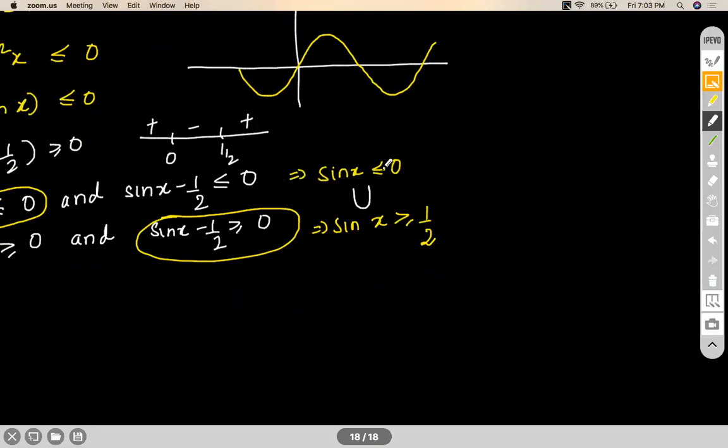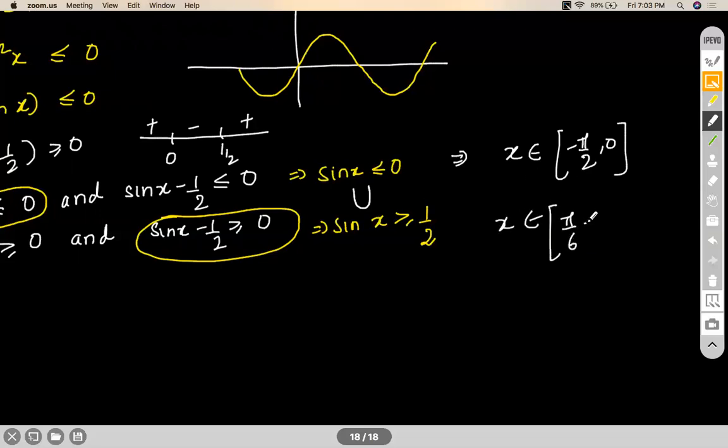Now, sin x less than 0, I can take any interval I want. Let me take minus pi by 2 to 0. So x will belong to minus pi by 2 to 0. And sin x greater than half, I can take the interval pi by 6 to 5 pi by 6.